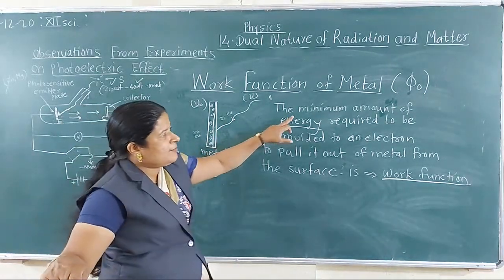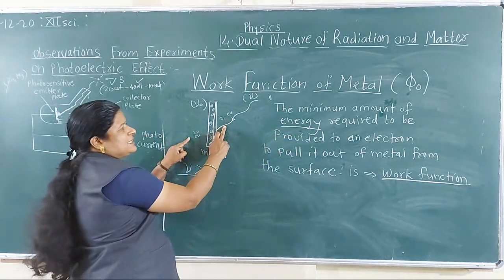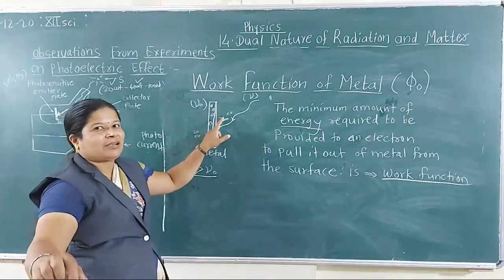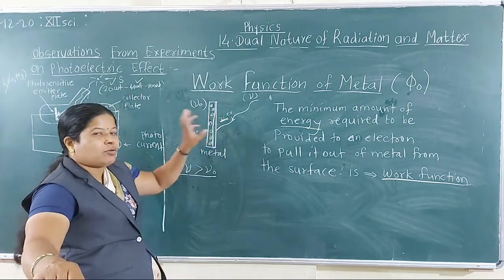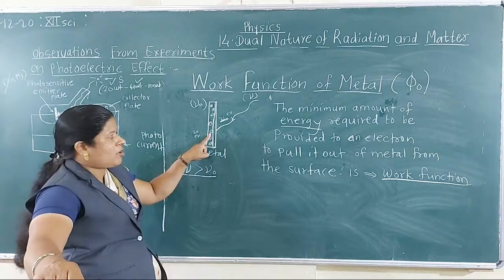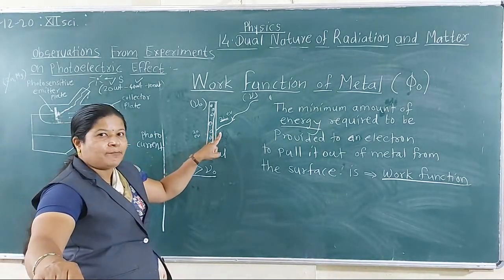That means this incident radiation has only 1 electron volt of extra energy, and this 1 electron volt is sufficient for these electrons to come out from this metal surface.